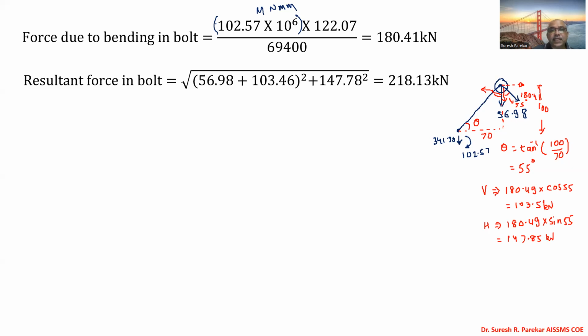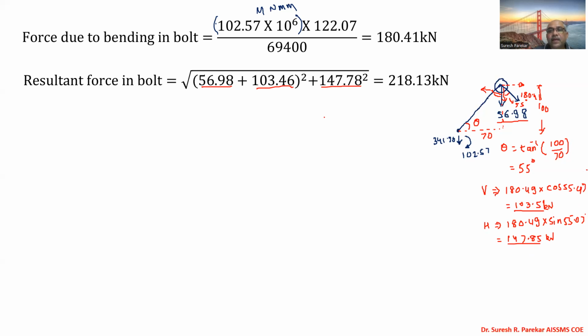Now you can see we already have this 56.98 force acting vertically downward, and we have to add this vertical component 103.46, if I consider this angle exactly, and then we have 147.78. With the angle 55.07, we get these values.